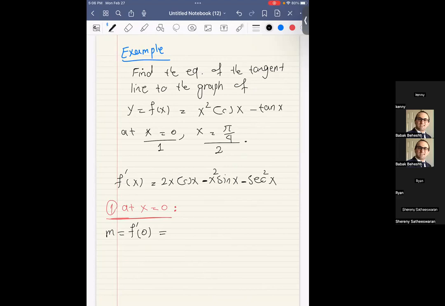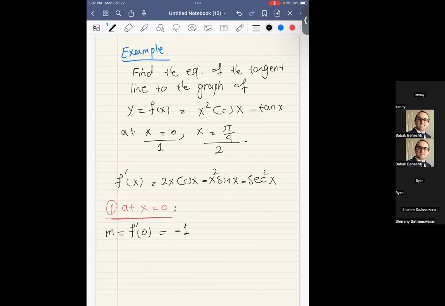What is the secant square of 0? Secant is 1 over cosine. What is cosine of 0? 1. So secant of 0 is 1. So minus secant 0 is minus 1. So the slope of the tangent line is minus 1.